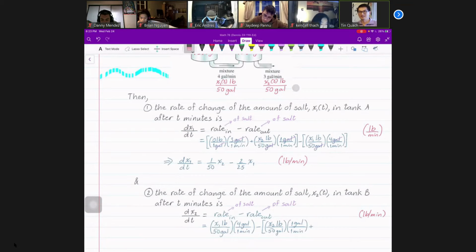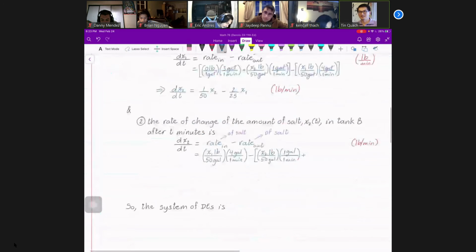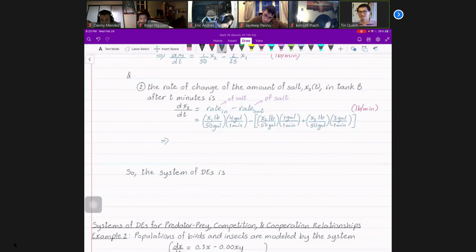So that is from the valve on the top, plus the one on the bottom right here: x sub 2 pounds over 50 gallons times 3 gallons over 1 minute. So what is dx sub 2 over dt?